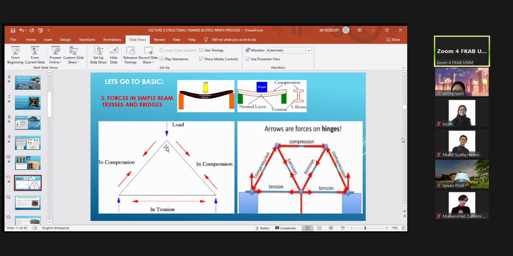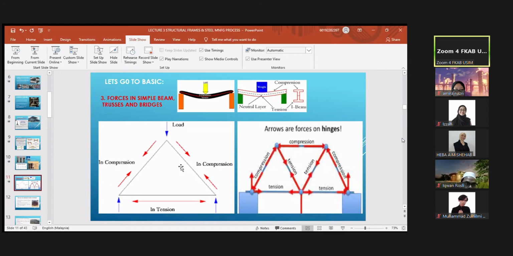Imagine if you did an experiment, for example with lidi, which can bend, lidi is broomstick. Today you learn one Malay word, lidi, broomstick. It's made from the leaf of the coconut, the backbone of the coconut leaf. That is called a broomstick.